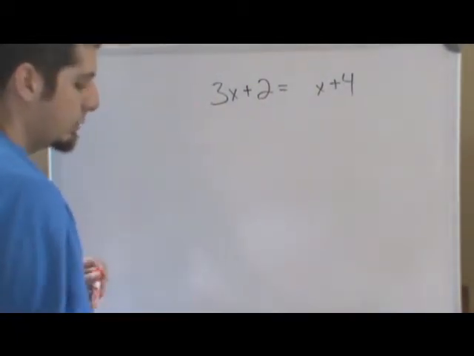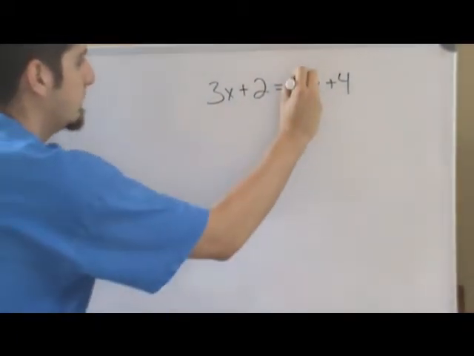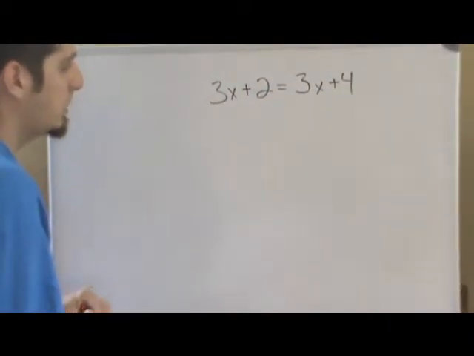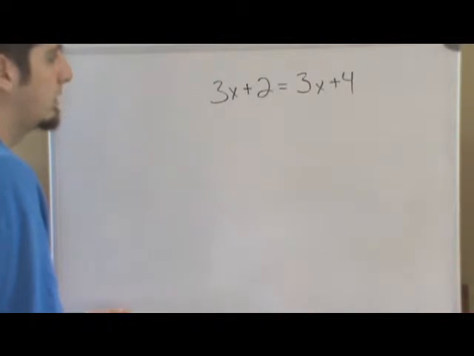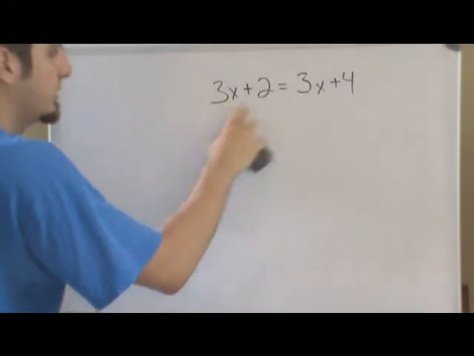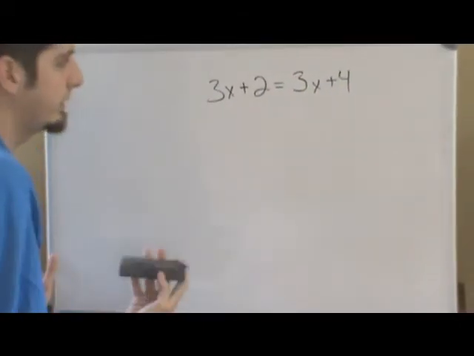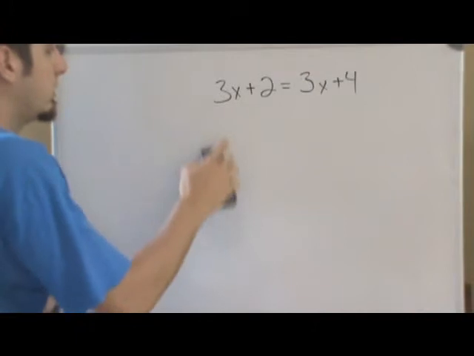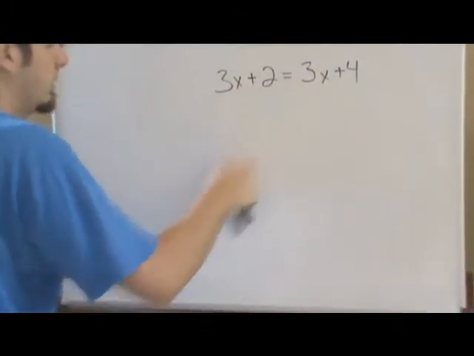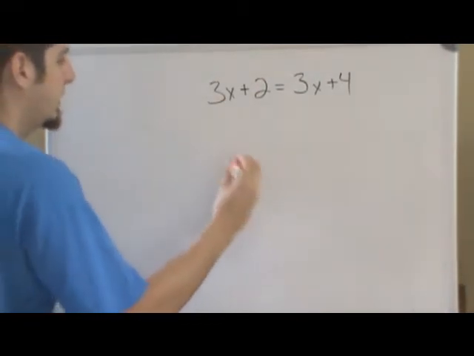But if the variables are going to get me the same answer because they both have the same coefficient, then it's impossible to get the same answer on both sides. Because you can't add 2 to 6 and add 4 to 6 and get the same answer. That's essentially what you're thinking about here. When you see 3x and 3x here, you just replace that 3x with any old number.